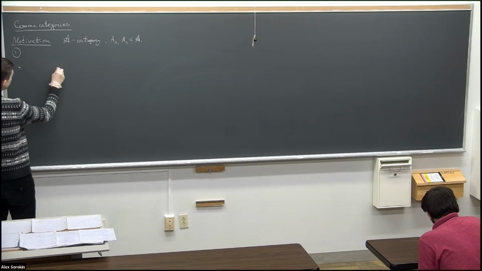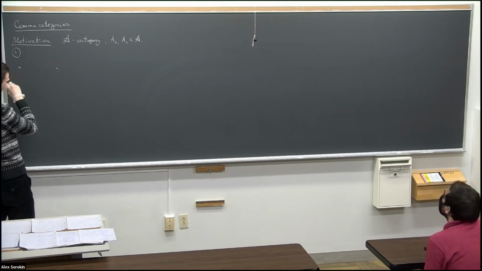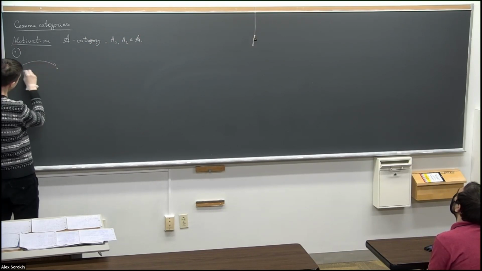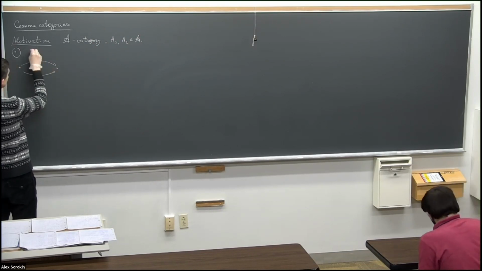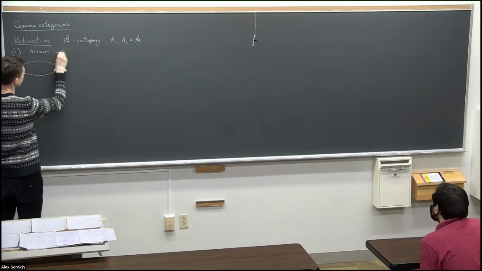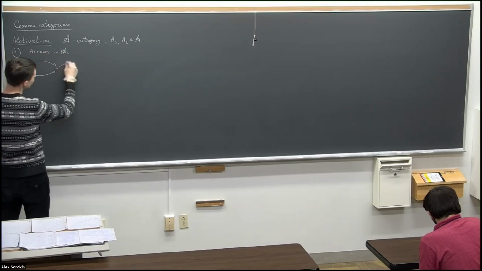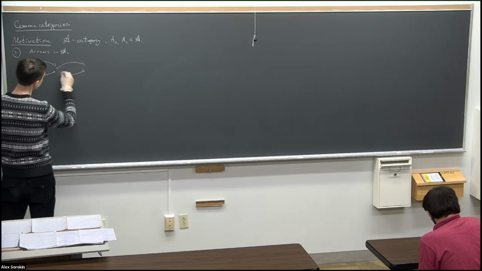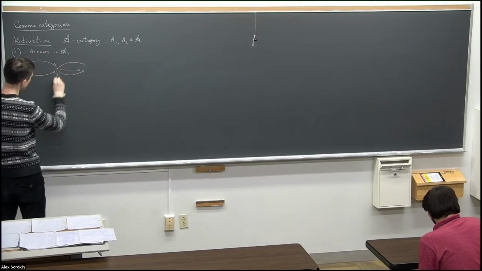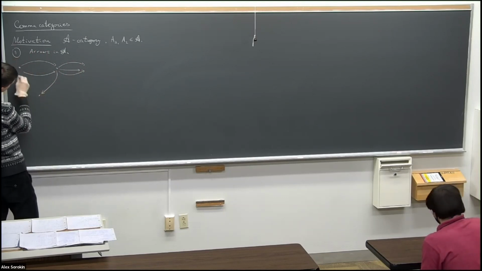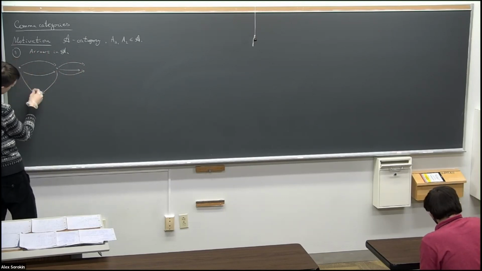In category A, we have arrows. We know how to multiply arrows. Some arrows are going in some other direction.